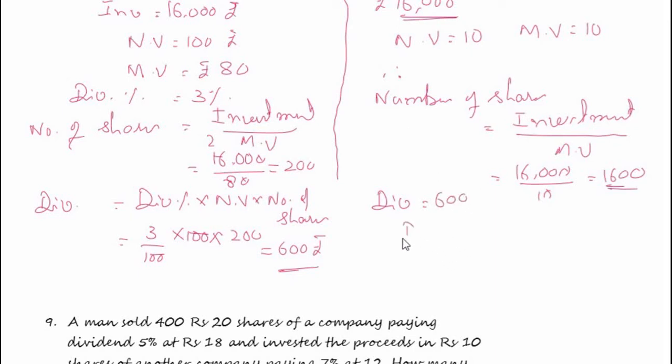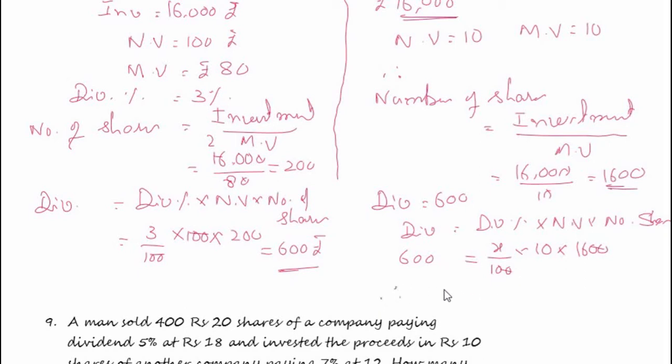So now let us calculate. Dividend is equal to dividend percentage into NV into number of shares. So dividend is equal to 600. Dividend percentage we don't know, let us take X by 100, into NV, which is 10, and number of shares 1,600. So 2 zeros cancel here.